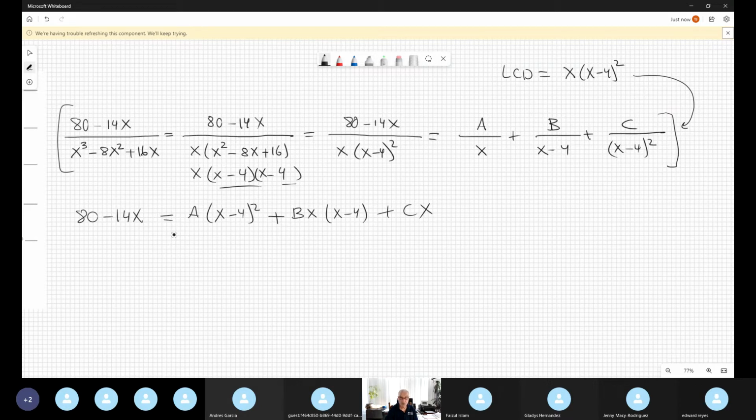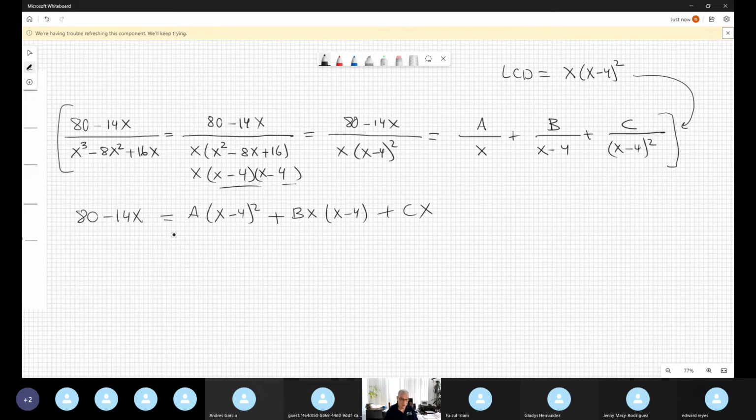Cool. Do you understand the sophisticated detail, the LCD? It's x times x minus 4 squared, not x minus 4 times x minus 4 squared. In the original, when there's non-repeated, you take everything. But when there's repeated, no. You take the majority exponent for x minus 4, right?